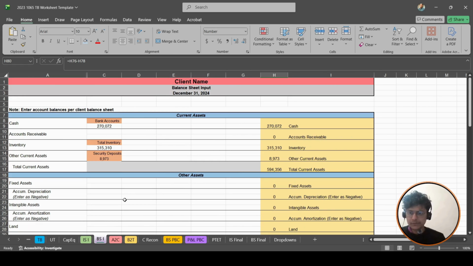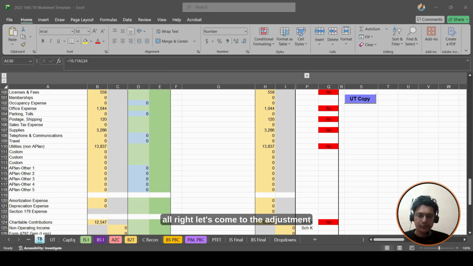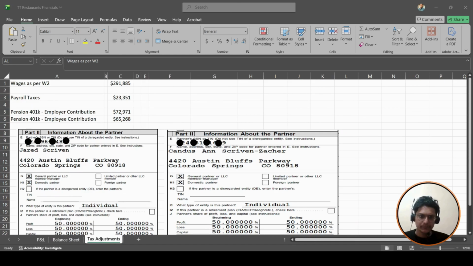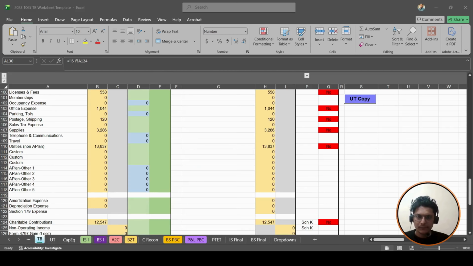We'll come to the adjustment part. All right, let's come to the adjustment. We have a few adjustments here. We are not doing too much adjustment, just for the example, we are taking two or three adjustments. Okay, so first adjustment, the wages as per W2 is 291,885.